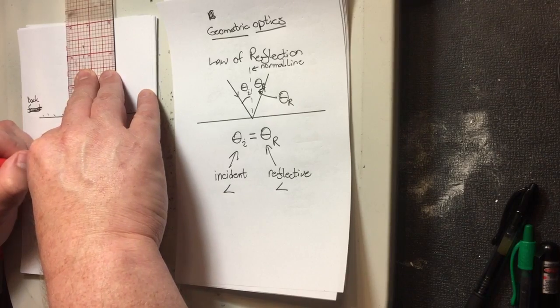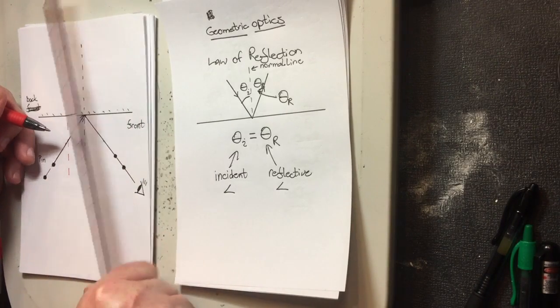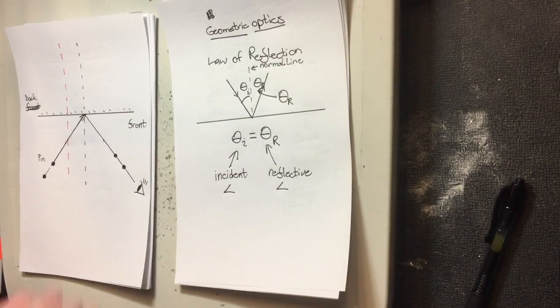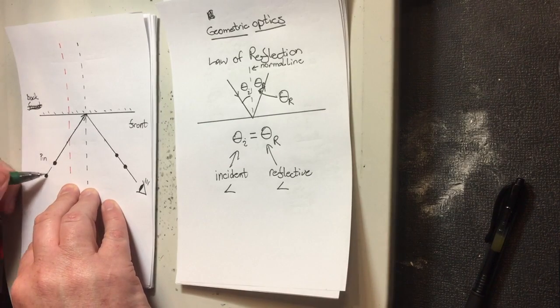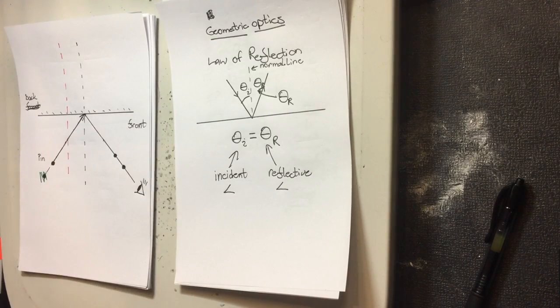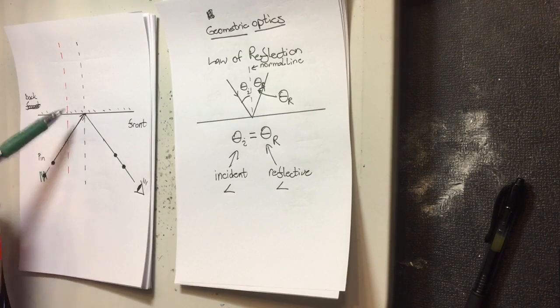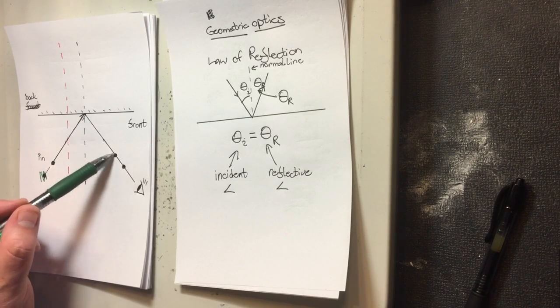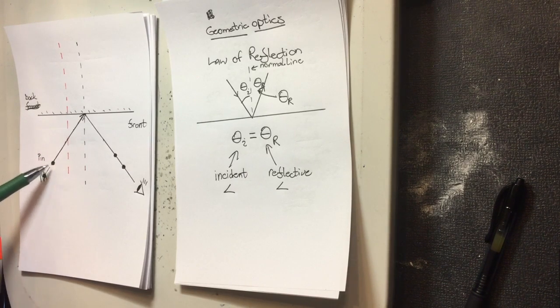And actually what I'm going to do is change this up a bit. There's only 1 pin because we're going to need multiple angles. What you do is you look at the pin in the reflection and you put 2 pins that block that pin in the mirror.